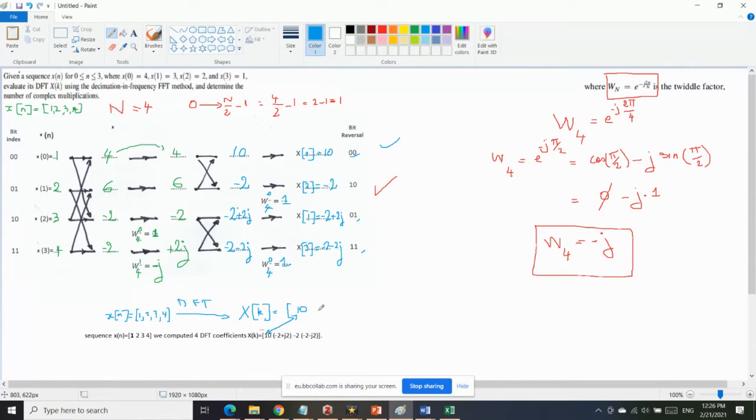The second value is x1 minus 2 plus 2j. The third value اللي هو x2 is minus 2. The fourth value is minus 2 minus 2j. And as you can see, it's exactly ما شاء الله 100%. ما شاء الله تبارك الله، يعني شغل 100. مهندسين ما شاء الله عليه. بيرفكت.